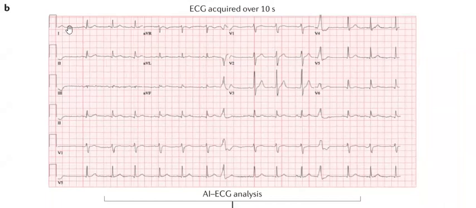Basically, you are seeing one, two, three leads here, and four, five, six leads. We have to be able to see AVR, AVL, AVF. Next we have V1, V2, V3, V4, V5, V6. So this is an ECG.